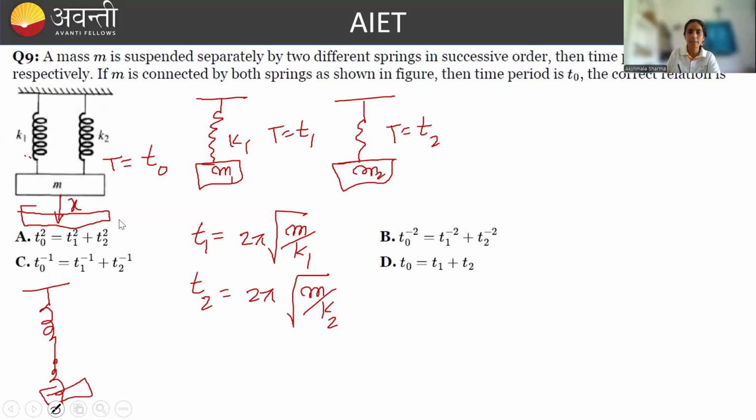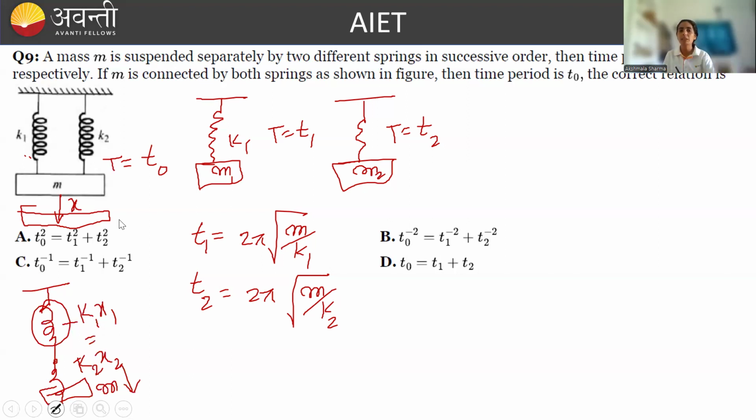और इससे अगर mass M attached है, and if you are displacing this mass by a certain distance, tension in both the springs will be same because the spring is massless. You must have studied if a string is massless, tension throughout will remain same. So here extension x1, so K1 x1, और यहाँ पे अगर extension x2 है K2 x2, ये दोनों equal होगा because tension is same throughout.